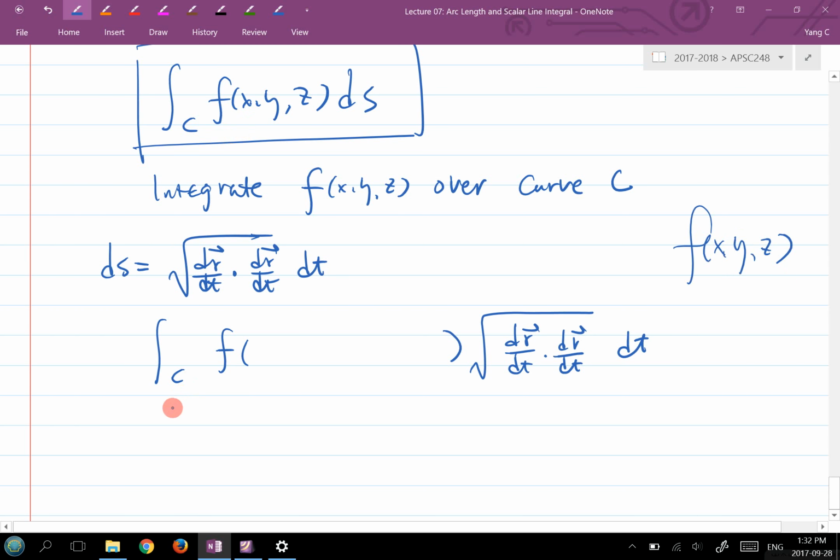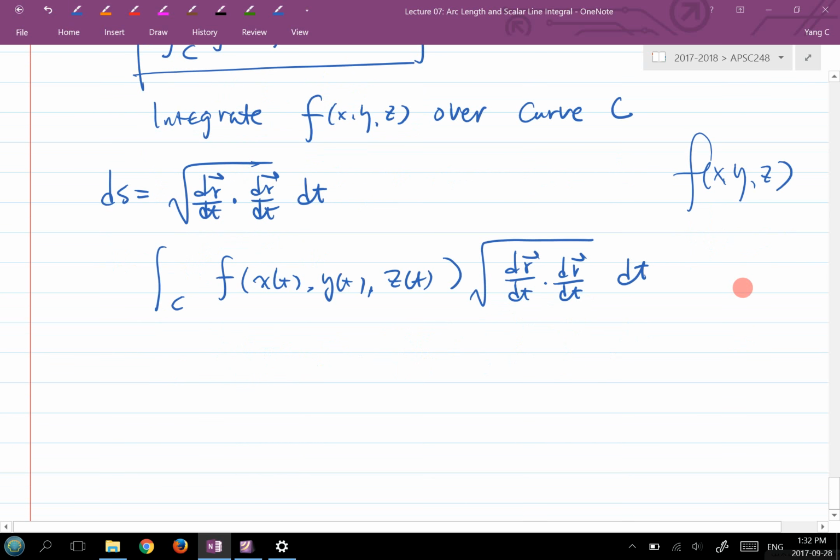So this x, y, z really should be x of t, y of t, and z of t, which is part of the vector function for the curve C. You're not integrating arbitrarily anywhere in 3D space, you're integrating along the curve C. So you need to replace x, y, z with x of t, y of t, z of t. Once you replace everything, it's all about t.